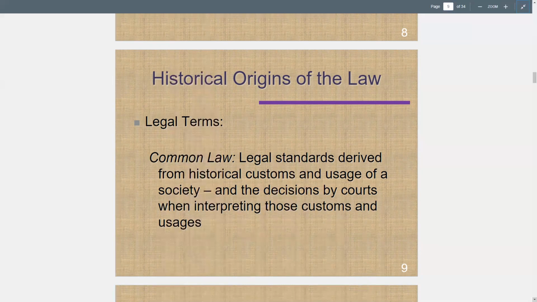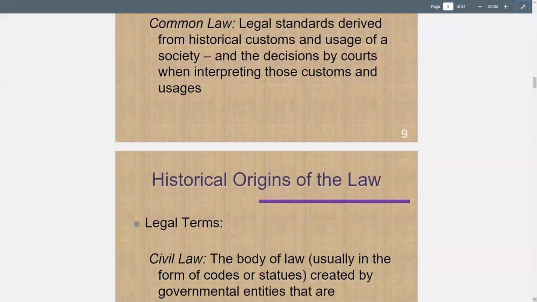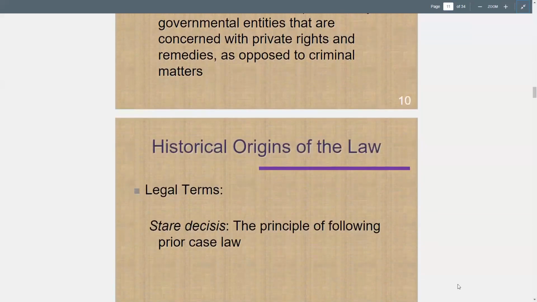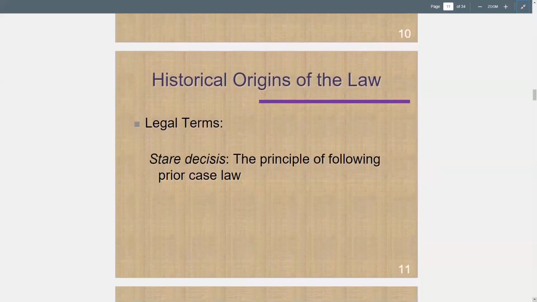That idea doesn't just resolve that issue for the particular litigants in front of that judge, but that nugget of truth, that timeless idea, can be used to solve the next case and the next case and the next case. And we call that idea stare decisis. The idea that one judge has to follow the decisions of higher judges within his or her court system.